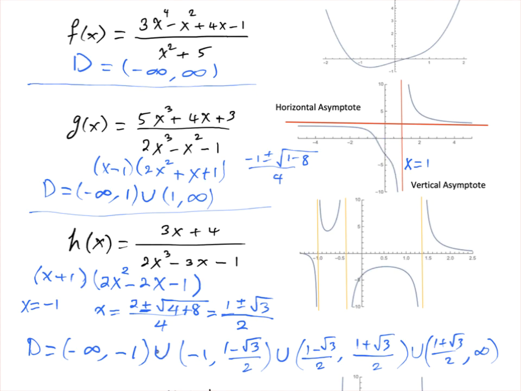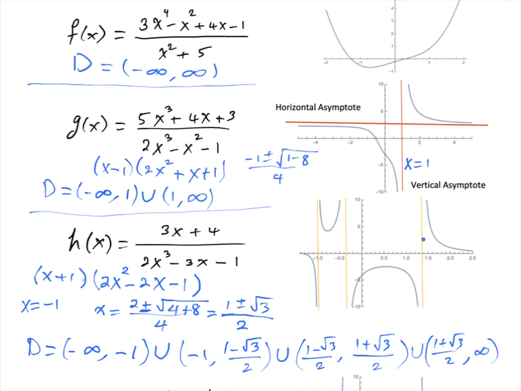And about the horizontal asymptote of this one, when the degree of the numerator is less than the degree of the denominator, in the long run the denominator gets a lot bigger, a lot faster, so that's why this will go to 0. So that's why the horizontal asymptote is 0.